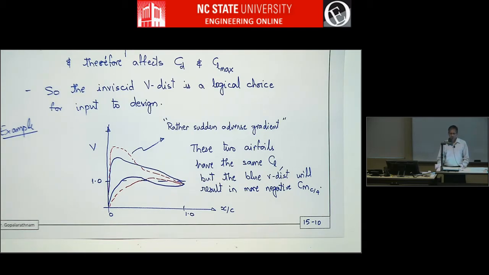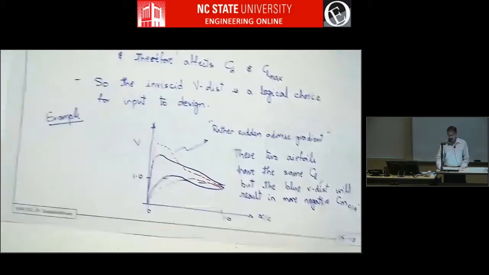For various reasons, airfoils are never designed for one condition. They have to work at many conditions. And even to know beforehand, this is the drag you want, turns out it doesn't work too well. So in that sense, velocity distribution is a good input parameter for inverse design.